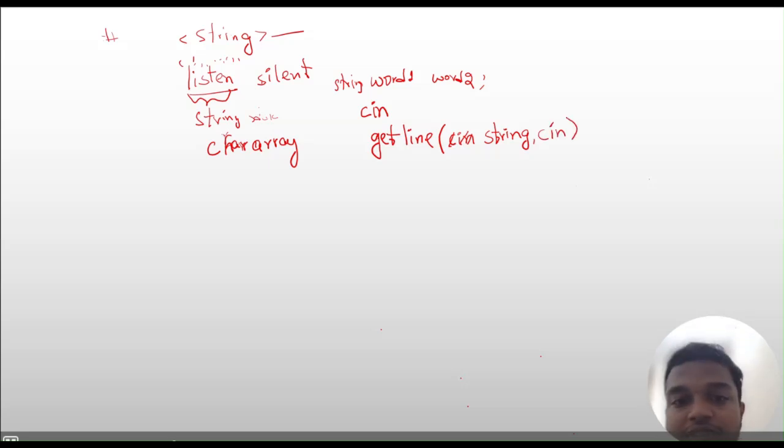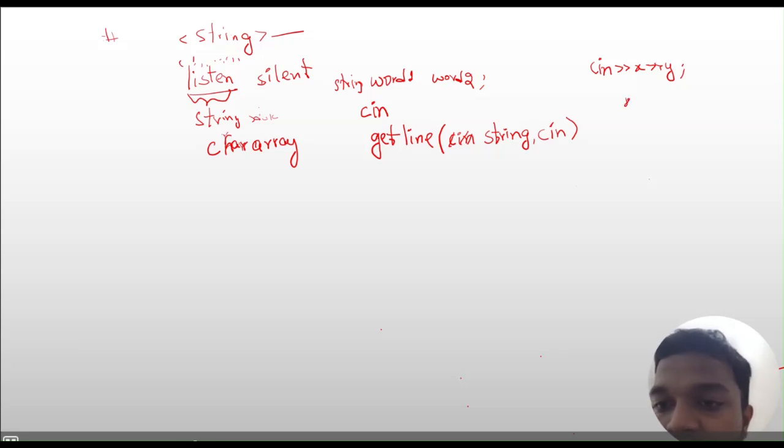So what's the difference between cin and this? Say I am inputting two numbers at a time, I can input cin x, y, where x and y are integers. That means in the compiler I write x, then give a space, and then write y.